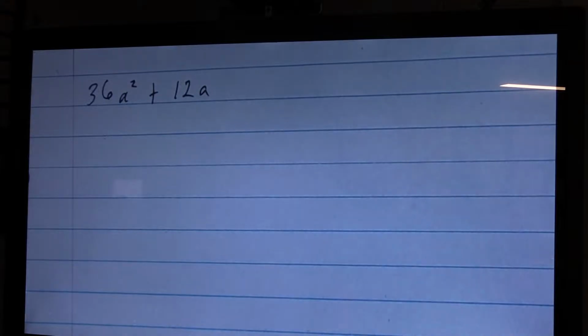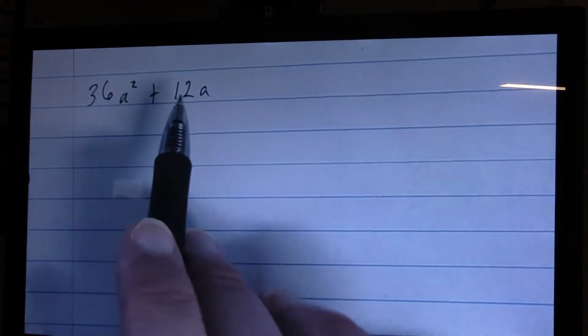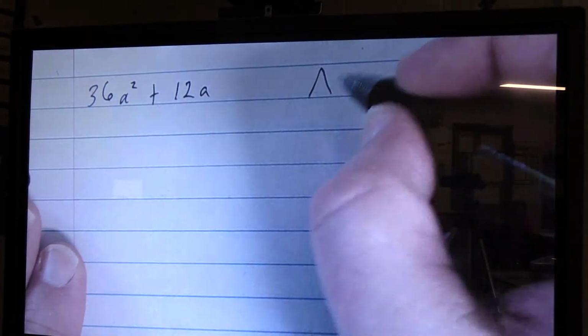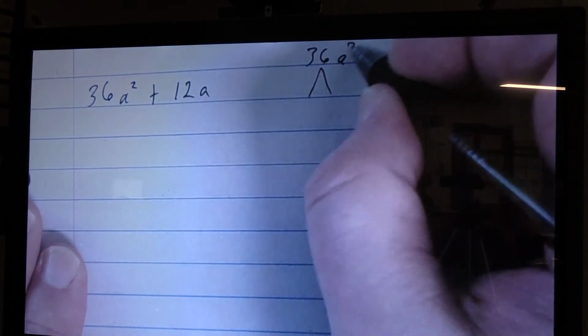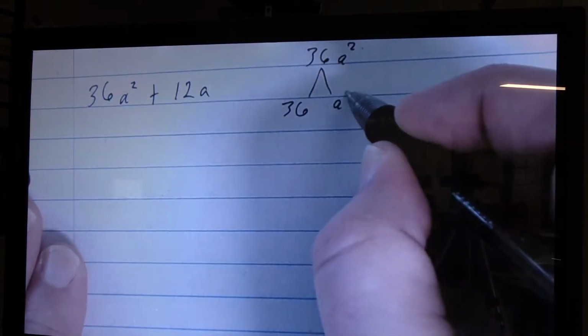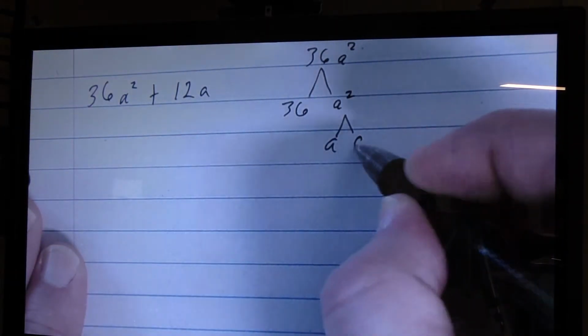If I have 36a squared plus 12a, I have to figure out what is the greatest common factor of those two values. Now, there's a few ways I could do this. I could actually do prime factorization, and I think that might be one way that would work. Like I could take 36a squared here, and I could have 36 here, a squared here, and then that would be a times a.